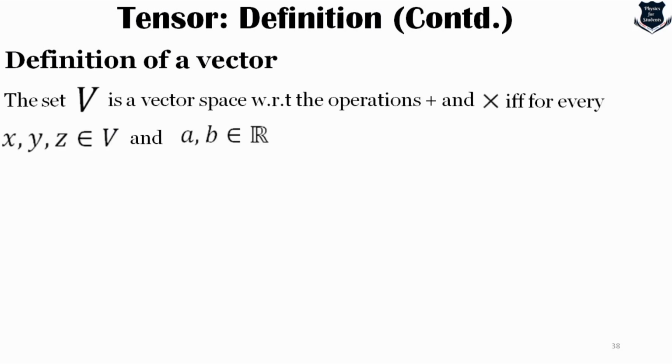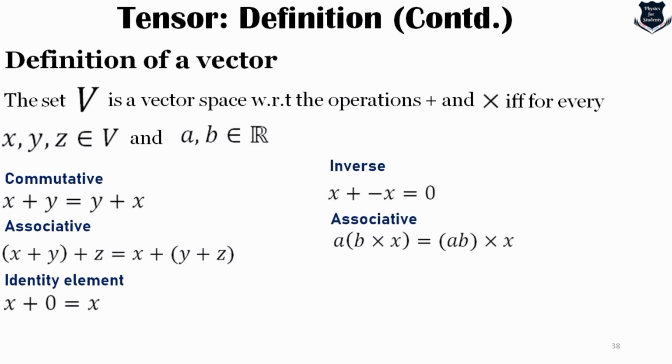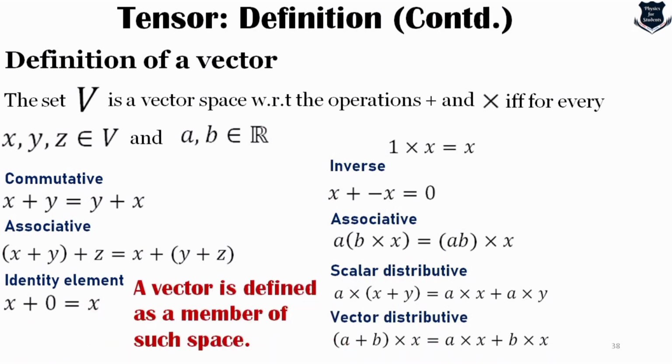A vector set V is a vector space with the operations plus and multiplication, if and only if for every x, y, and z that are members of V, and a and b that are members of the real numbers, it satisfies commutativity, associativity, identity element, inverse, associativity, scalar distributivity, vector distributivity, and so on. If all these are followed, then a vector is defined to be a member of such a space.